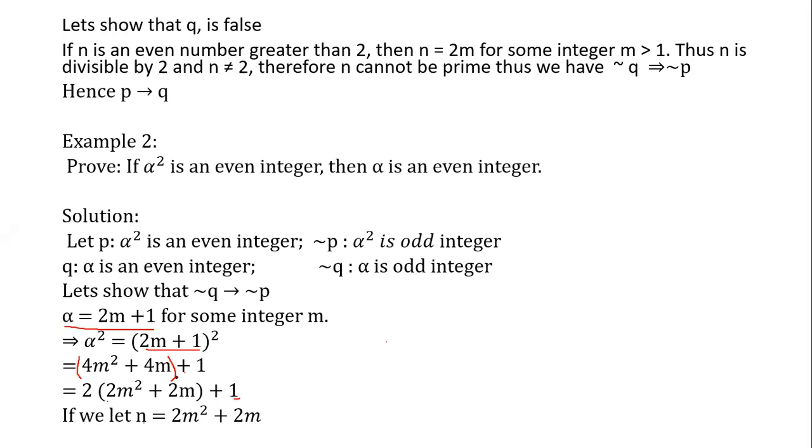Therefore, it is an odd number. Hence, alpha squared is an odd number. So we have not Q implies not P is true. Hence, P implies Q is also true.